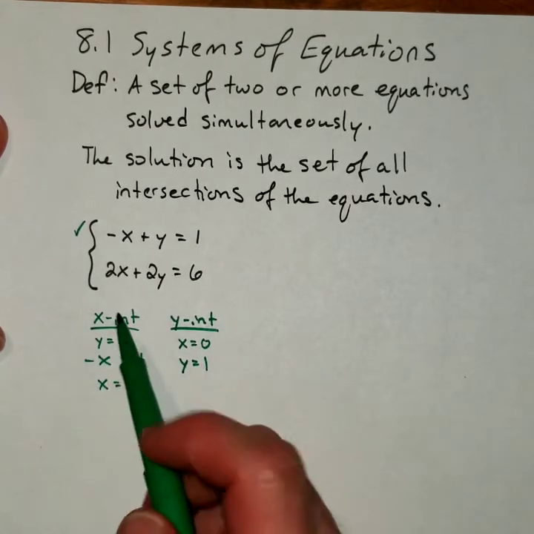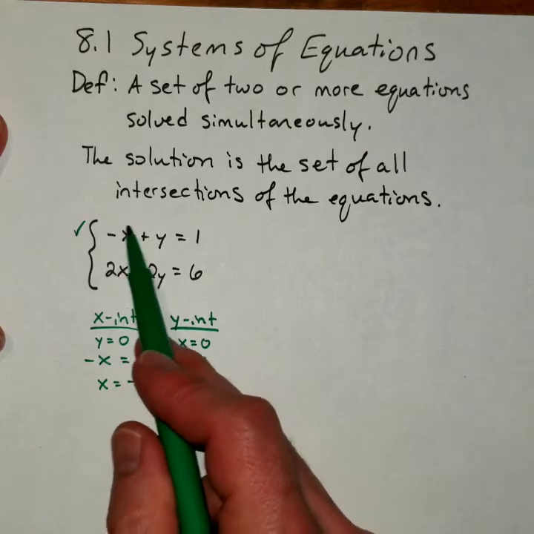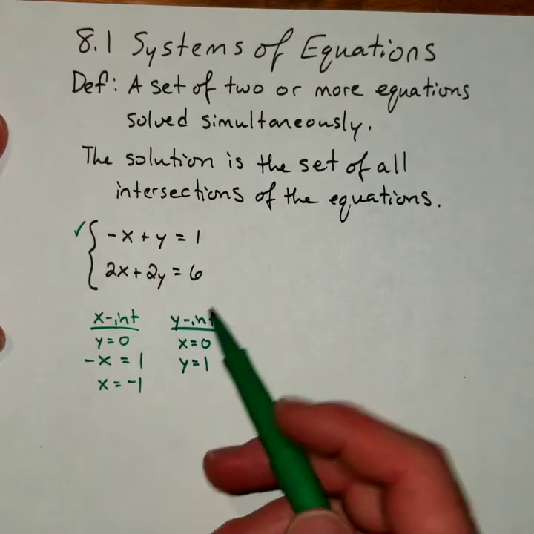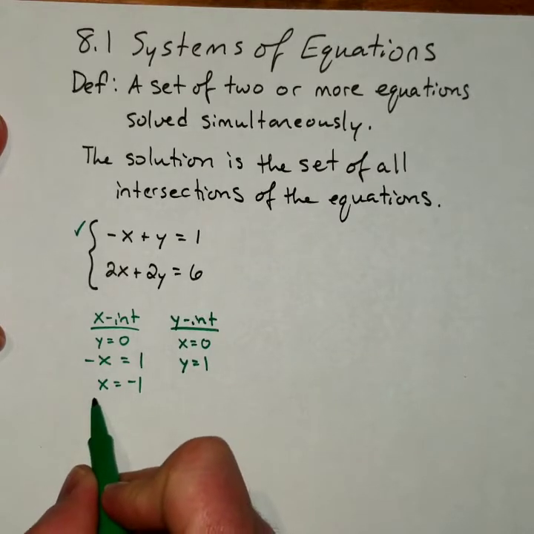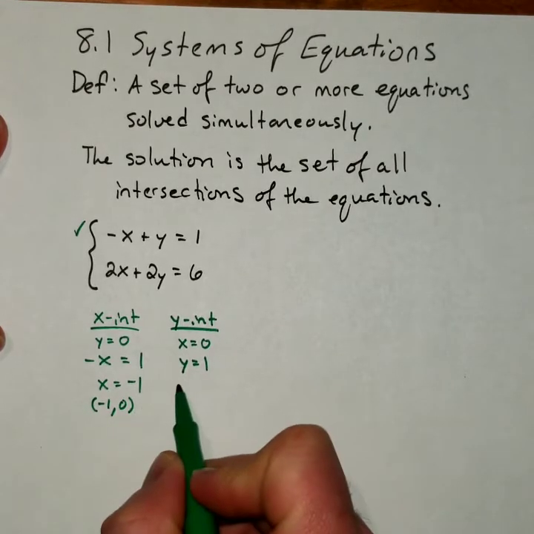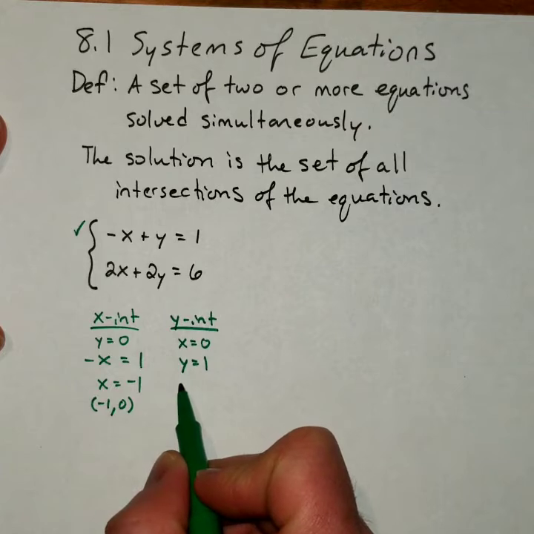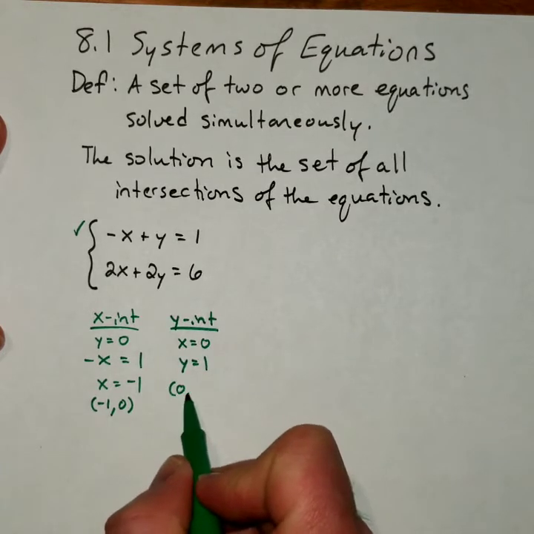That's it, right? When the x goes to 0, this term drops out and you get y equals 1. Okay, so the 2 points on the graph there are going to be negative 1 comma 0 and 0 comma 1.